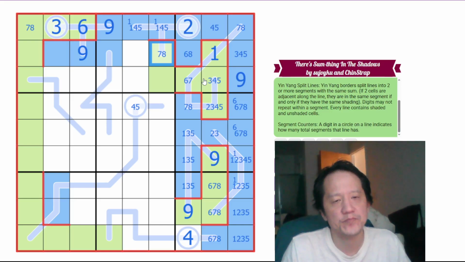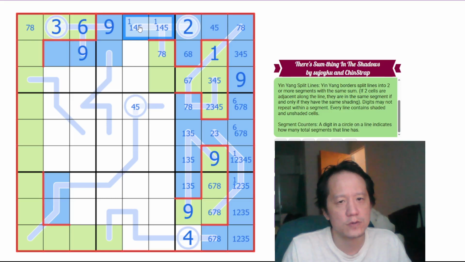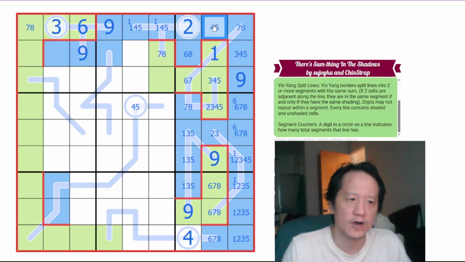Okay. If this is 7, this is 6, this is 8, which makes this 7. So this is 1, 4, which would force this to be 5, which would mean this is 3, 4.